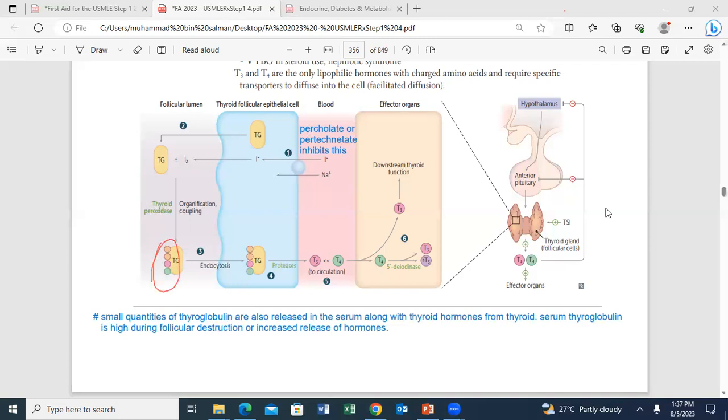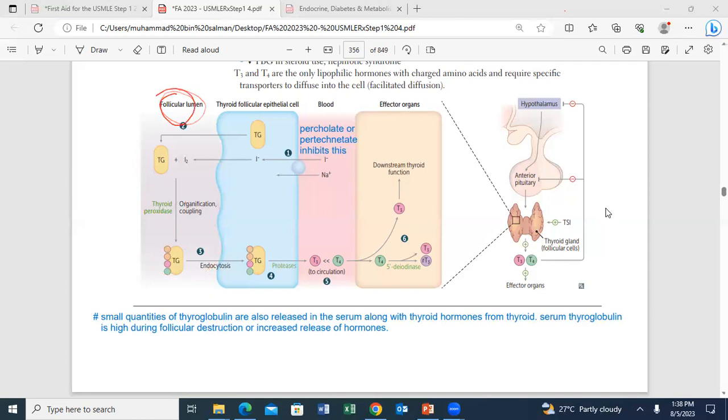Iodine is added on these tyrosine molecules, and this process is called organification coupling. The enzyme involved is thyroid peroxidase, and this all happens in the follicular lumen.